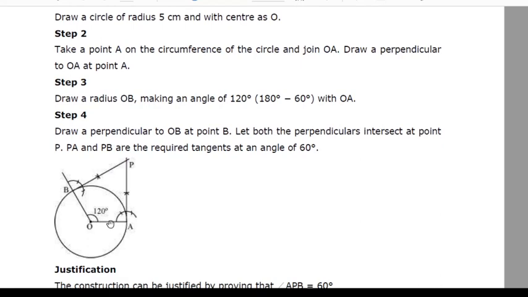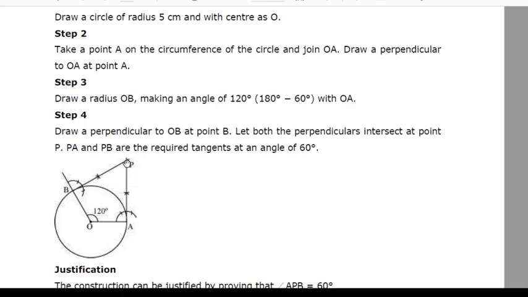Okay. Now you see here, if you want to get 60 degrees here, how can you get this 60 degrees? You know that this angle plus this angle is 180. If this is 60, then this must be 120.